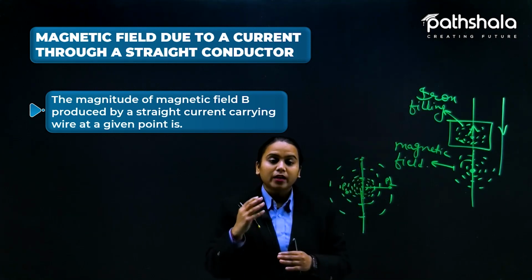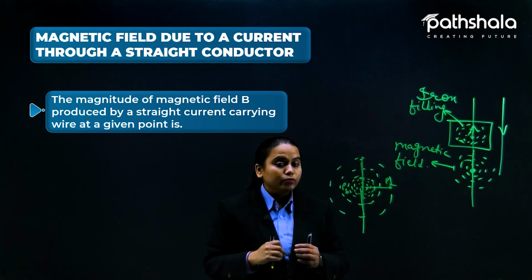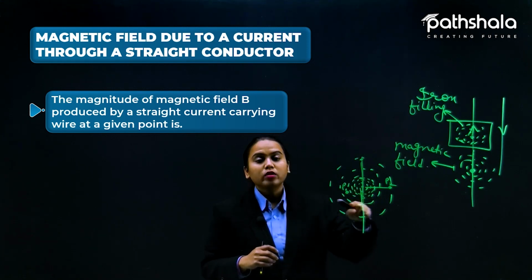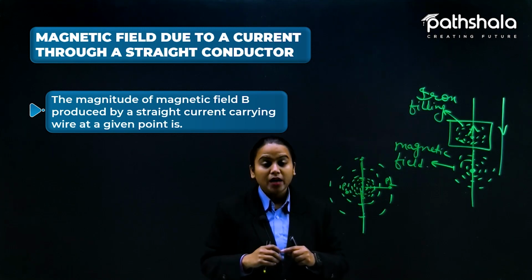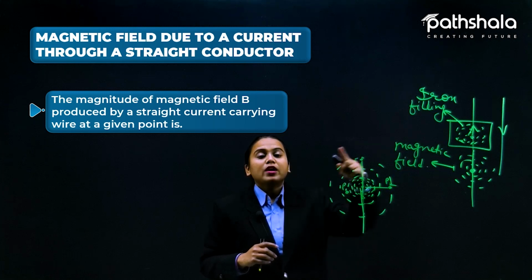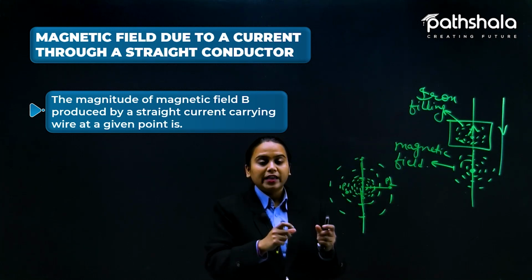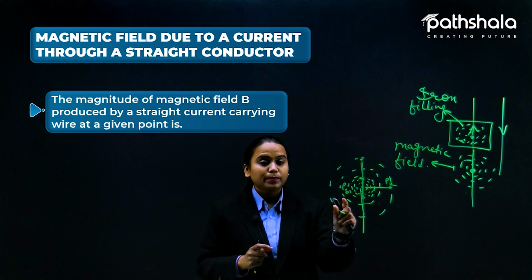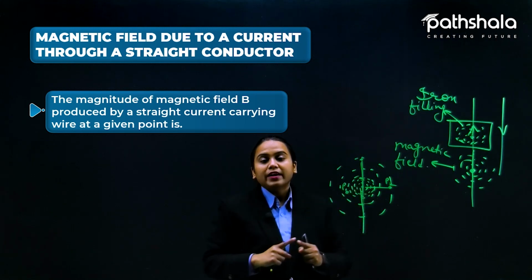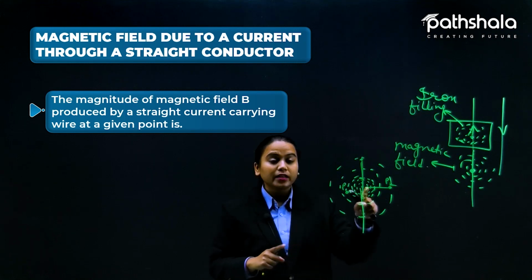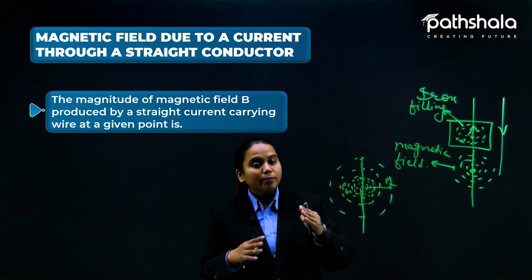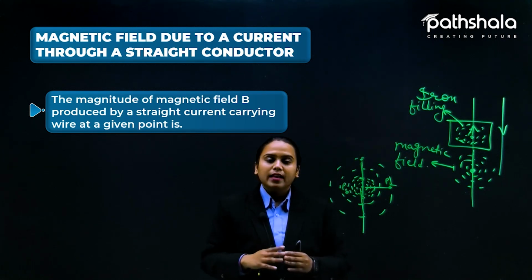When you do this experiment at home, you will observe that near the wire more concentric circles have been made, but when we are going far from it, they will be big concentric circles which are not that concentrated. There must be a gap between two circles, but here the gap is reduced. So this shows that here the magnetic strength is more, and when we are going far from it, the magnetic strength is less.